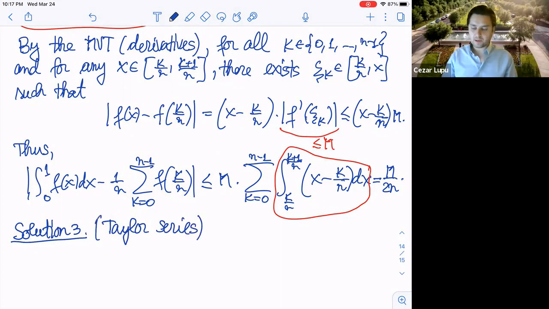All right, so let's do it. Let f of x be the antiderivative, so the integral from 0 to x of f of t dt.